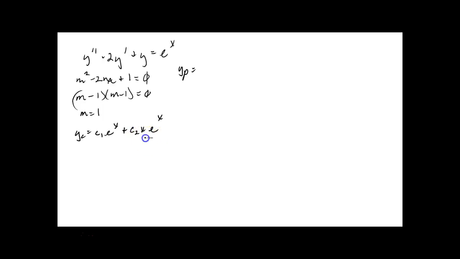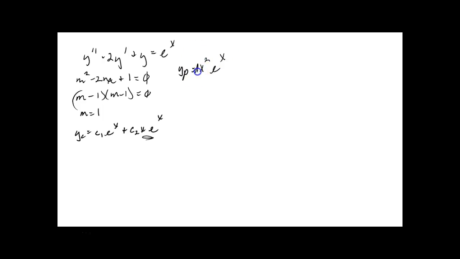But guess what? That won't either, because that's a part of your complementary solution. So give me another guess. Keep going. x squared e to the x. That would be the particular solution to use.